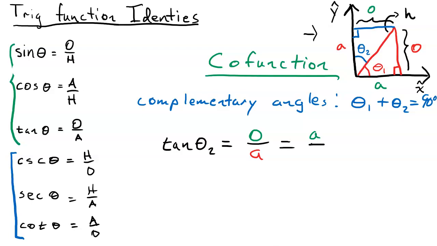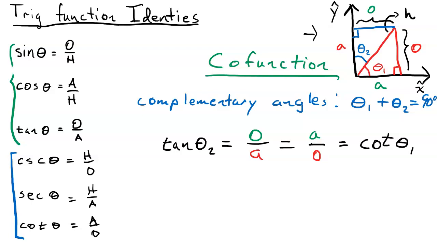And since the red A is the same as the red O, we can change this to opposite. If we look at theta 1 now, the green A is adjacent and the red O is opposite. So we've actually just determined cotangent of theta 1.